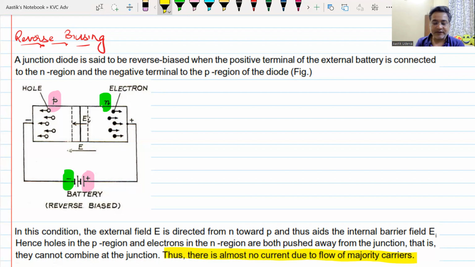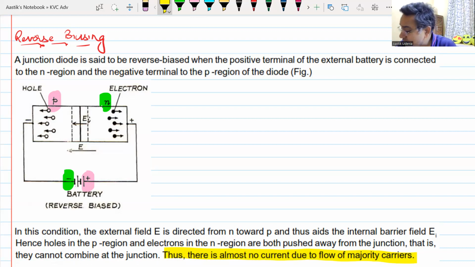So one thing we can very clearly say, a PN junction diode can only conduct or allow current in one direction. And in which direction does it allow current? It only allows current when it is forward biased.